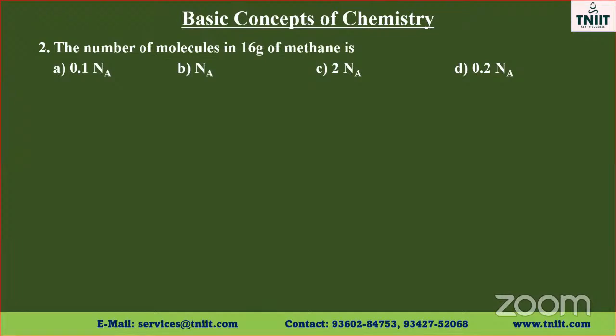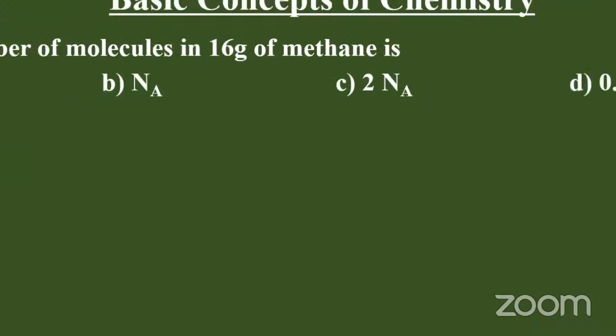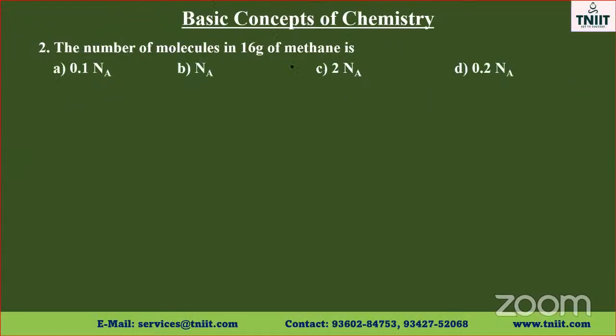The number of molecules in 16 grams of methane. The molecular formula of methane is CH4. The molecular weight of methane is 12 for carbon plus hydrogen 1 into 4, so it is 16. So 16 grams of methane is 1 mole. So 1 mole will contain 6.023 into 10 power 23 methane molecules.